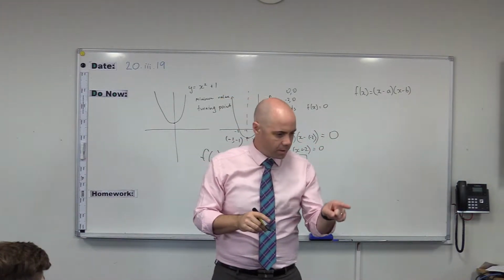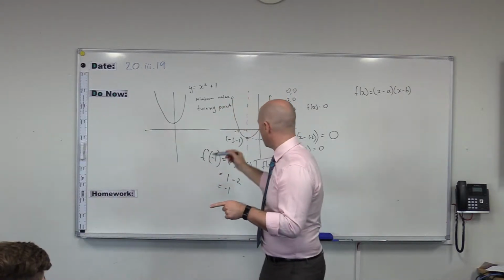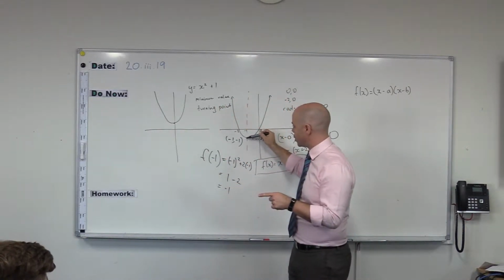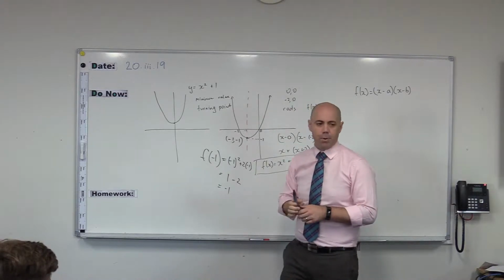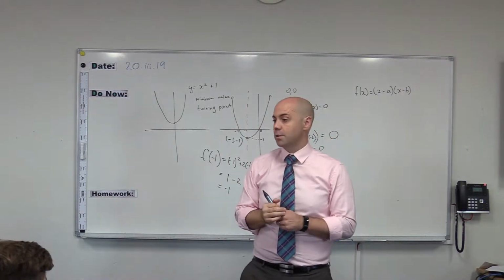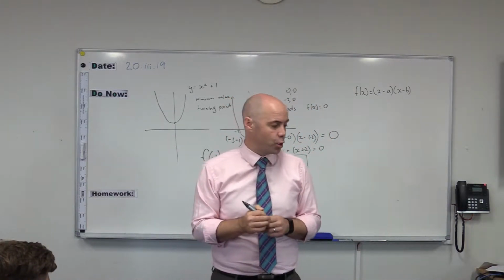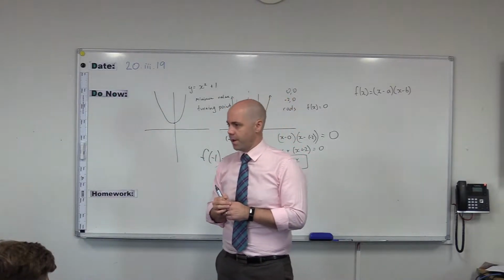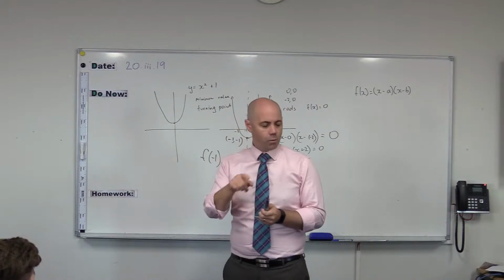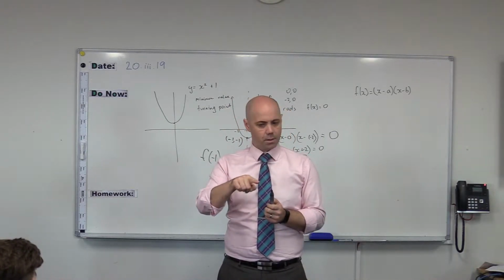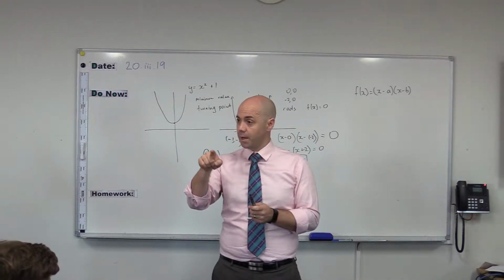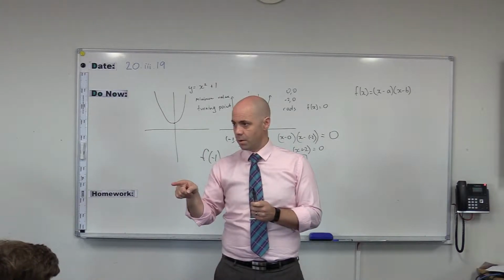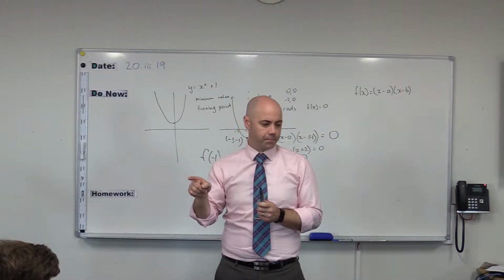It's going down, it's got a negative gradient, all the way to that point, then it turns and heads back in a positive gradient, heads up. It's a general term that we will use going forward in advanced mathematics: a point where a function either changes from negative to positive gradient or the other way around.